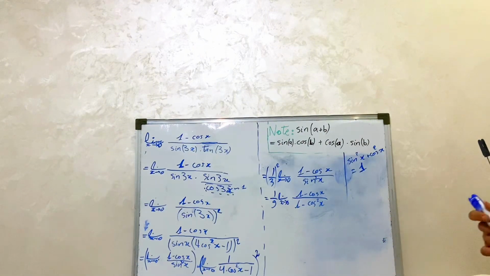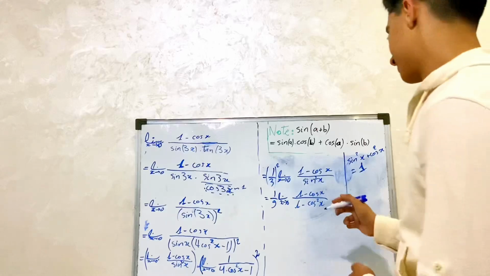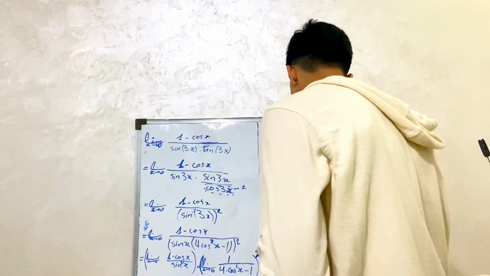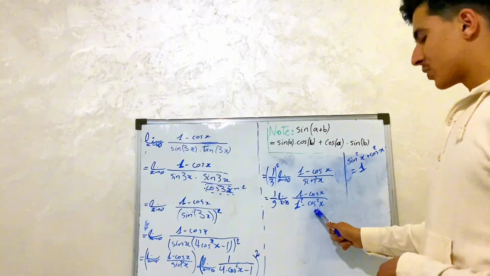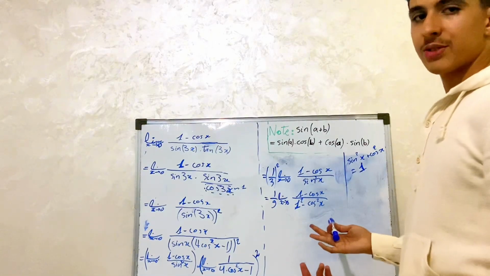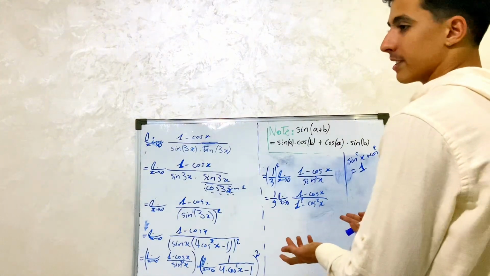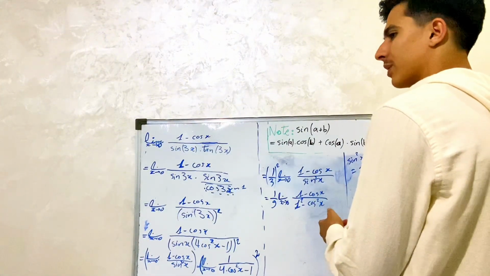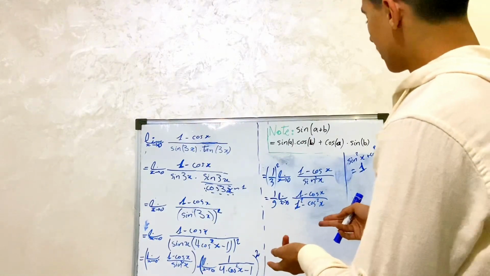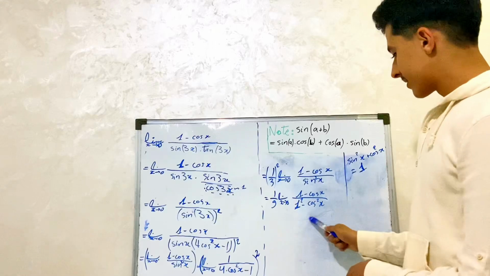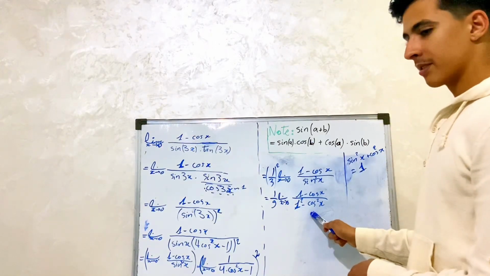Okay, so 1 is basically 1 squared. This is a difference of squares: a squared minus b squared. The difference of squares is the sum of the numbers times the difference of the numbers. So we can basically say that this is 1 minus cosine x times 1 plus cosine x.